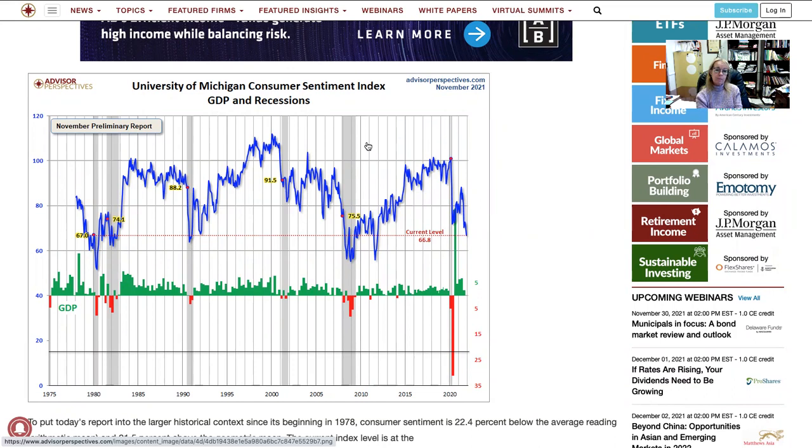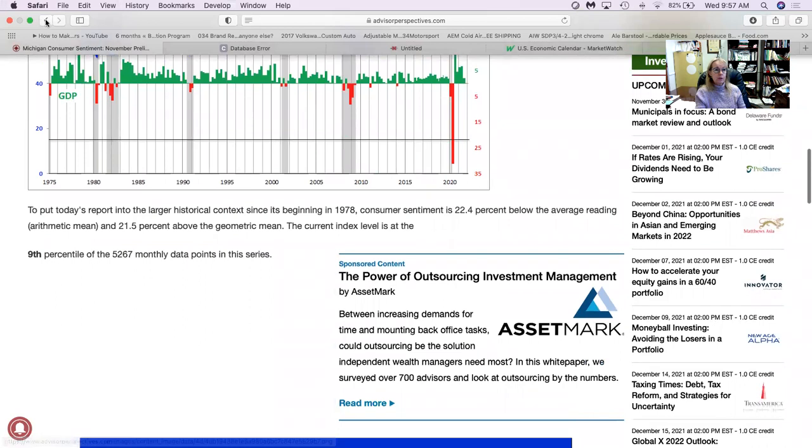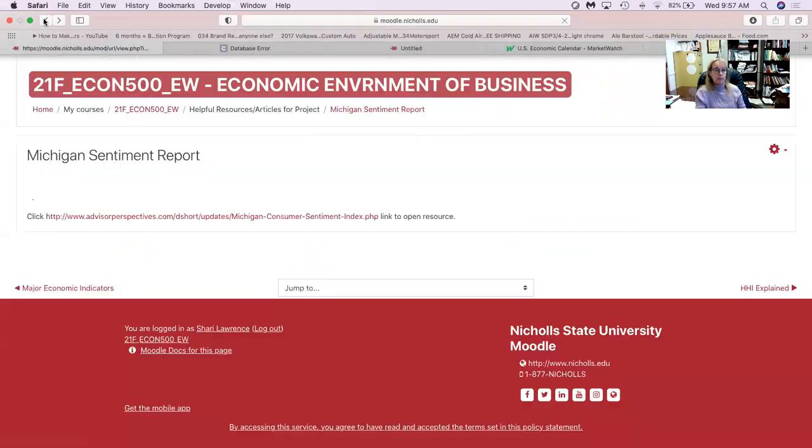And so if you're looking at quarterly data for your company, then what I would do is take 3 months' worth and just average it for the consumer sentiment, so you can compare quarterly to quarterly. Okay, so that's the Michigan sentiment information.